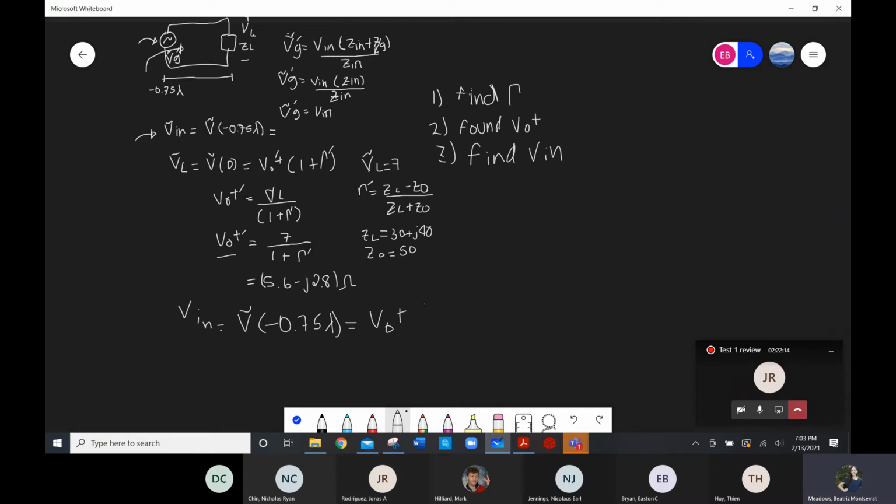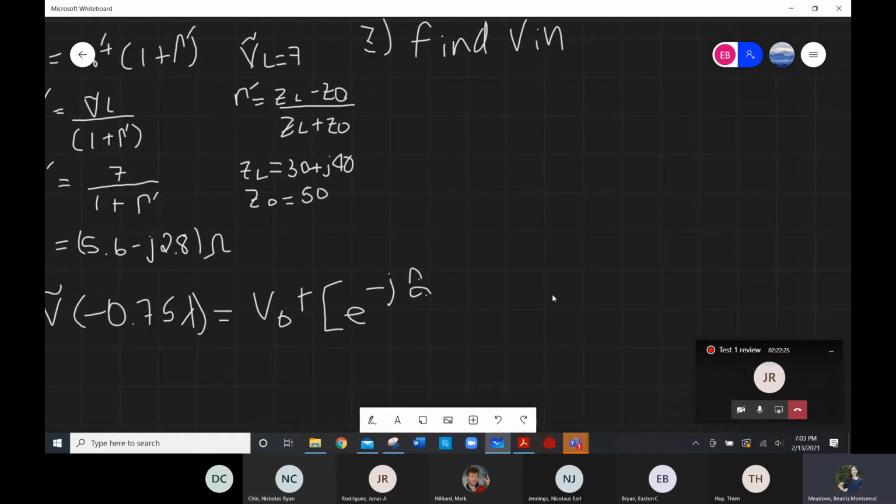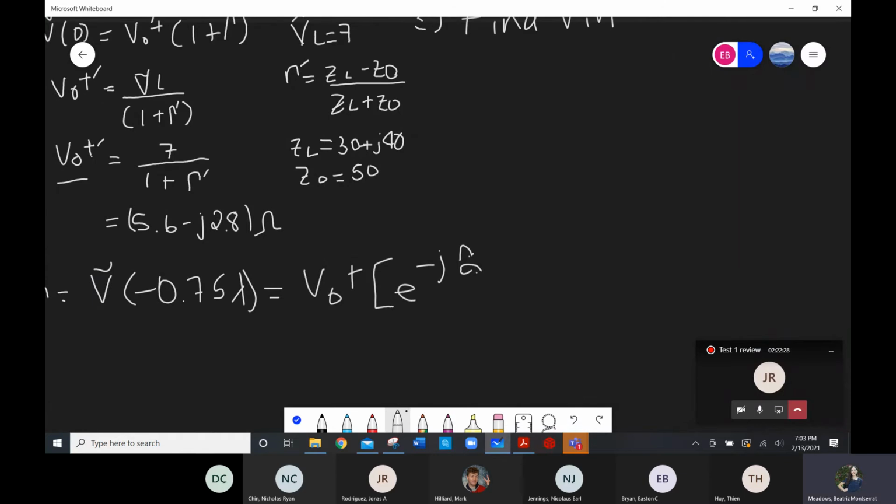Just store it and plug it in that calculator, and your equation, as we just talked, is e to the negative j beta, where beta is 2 pi. What am I gonna put here after 2 pi? What is my location? Anyone? Sorry, what's the question? 0.75.